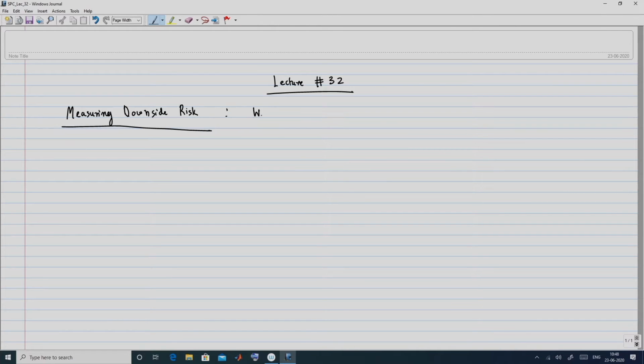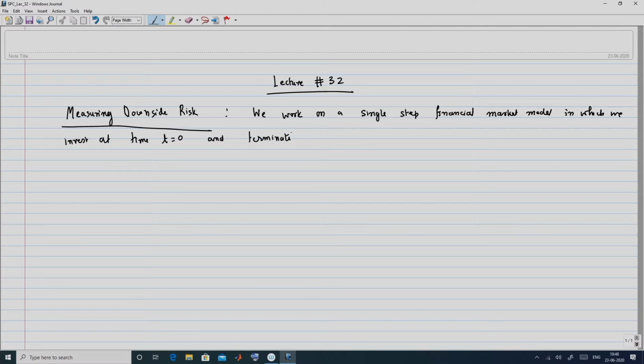And for the sake of brevity, we work on a single step financial market model in which we invest at time t is equal to 0 and terminate our investment at time t is equal to capital T.